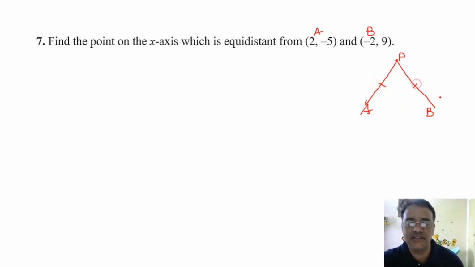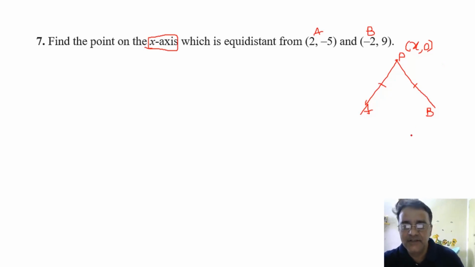These two distances are equal, and the point on x-axis is in the form of x, 0 because y coordinate is 0 on x-axis. Similarly, अगर y-axis दिया होता तो P का point हम लोग लिखते हैं 0, y because on y-axis the x coordinate is 0.